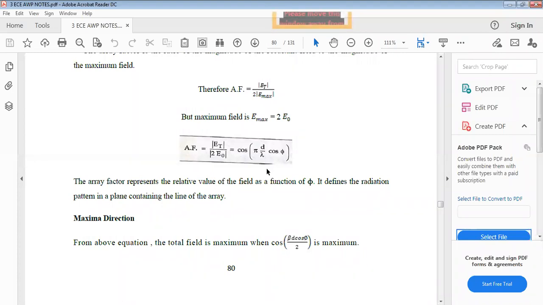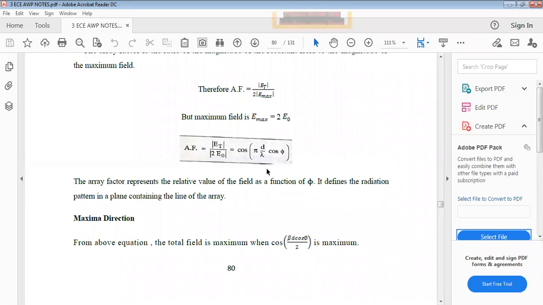You see here, maximum direction, cos of beta d cos phi by 2. What is the maximum and minimum value of cos theta? Maximum value is +1 and minimum value is -1, or simply the maximum value is considered as +1. For the expression cos of beta d cos phi by 2 equal to plus or minus 1, find the values of phi.